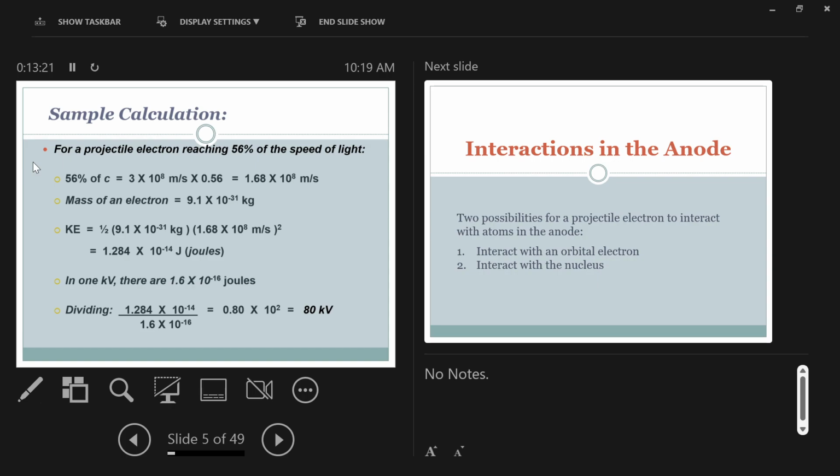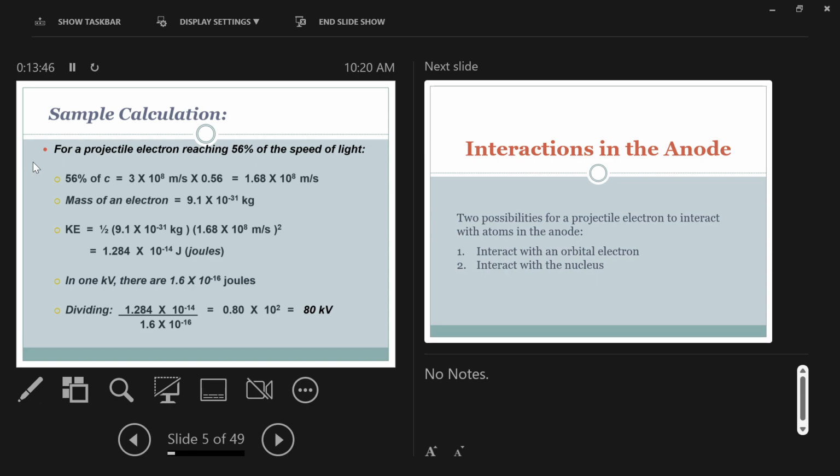We have a mass of 9.1 times 10 to the negative 31 kilograms. So the formula looks like kinetic energy equals 1/2 times 9.1 times 10 to the negative 31, there's your m, and your velocity is 1.68 times 10 to the 8 meters per second, and you square that.